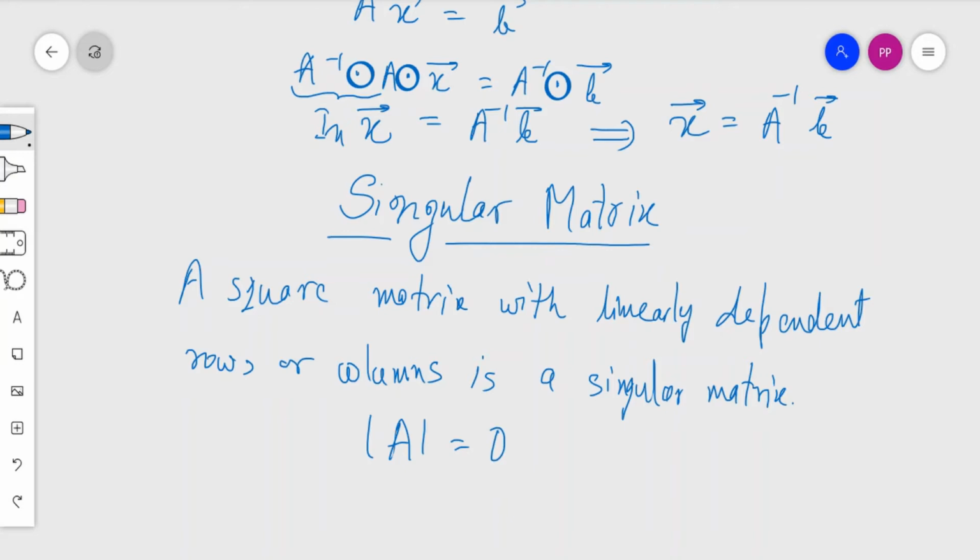Have a brain teaser. When A is of the order m by n, that is, A is not a square matrix, how do you find A inverse?